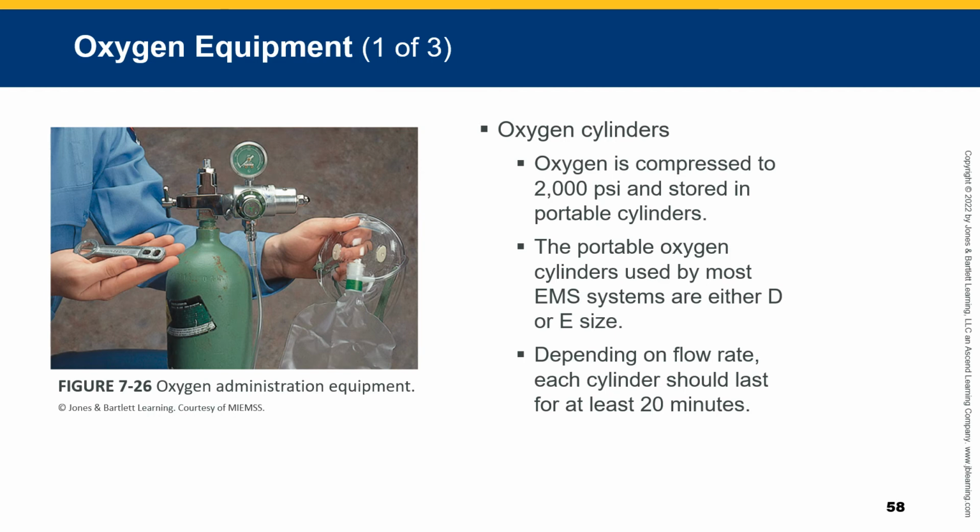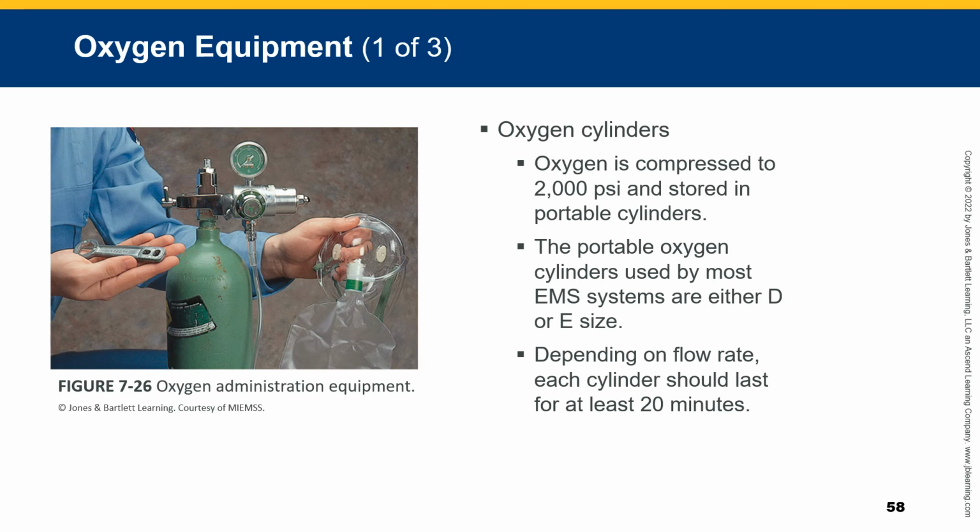Oxygen is compressed to 2,000 pounds per square inch, or PSI, and stored in portable cylinders. Portable oxygen cylinders are used by most EMS systems in either a D or E size. Size D cylinders hold roughly 340 liters of oxygen, and size E cylinders hold roughly 660 liters of oxygen.